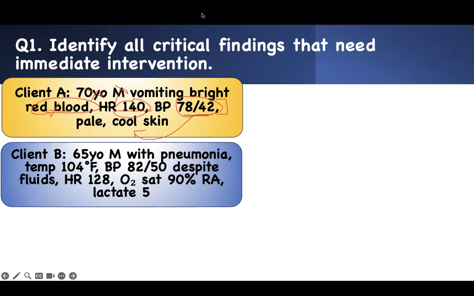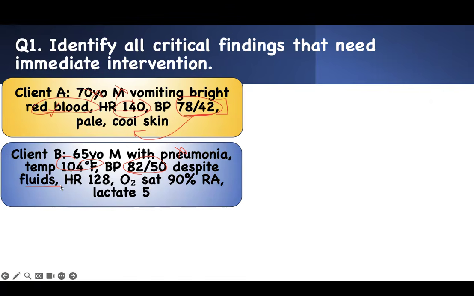Next one. What is the problem? A 65-year-old with pneumonia, right? Pneumonia is not the problem. The temperature is too high. The blood pressure makes me worry. It does not respond to fluid. This is refractory hypotension.